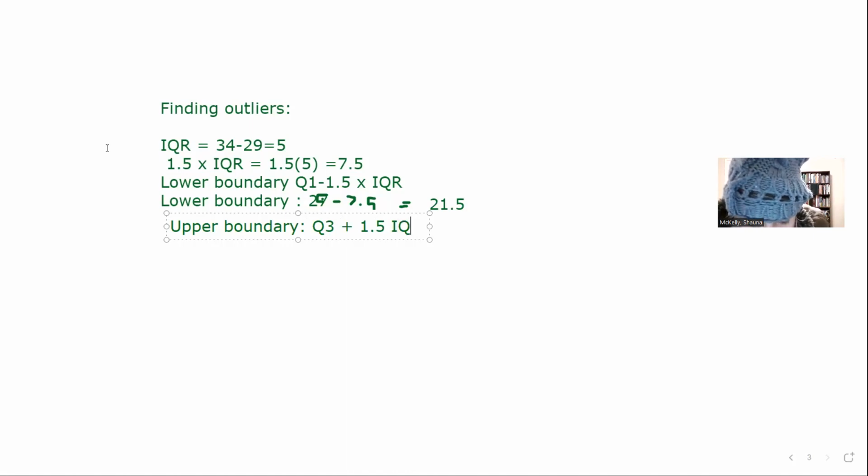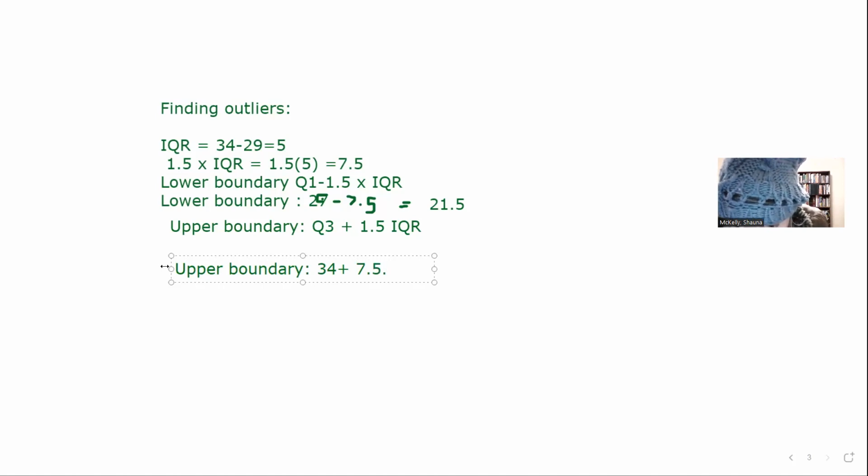So my upper boundary is going to be 34 plus 7.5, 1.5 times my IQR, and that is 41.5.